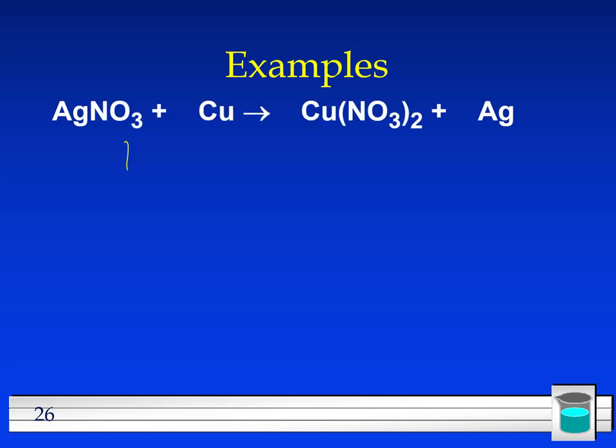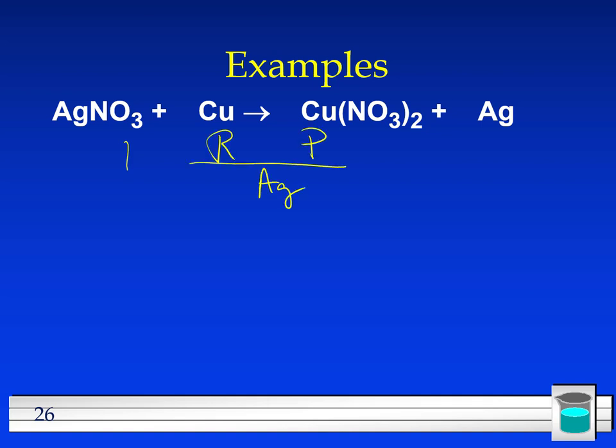Silver nitrate and copper make copper 2 nitrate and silver. I have a reactant side and a product side.